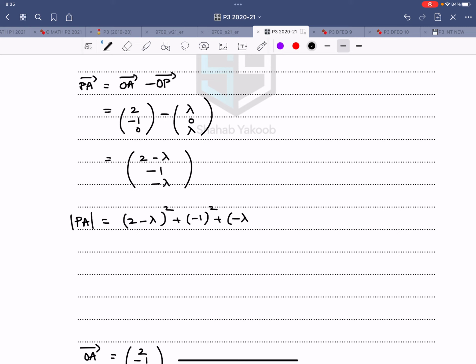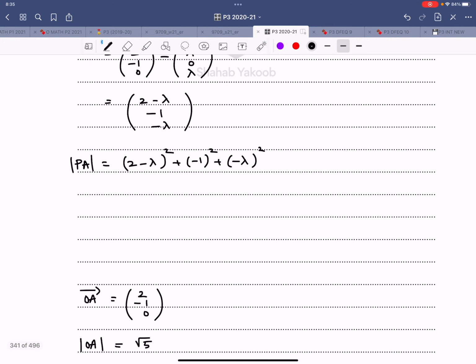When you expand it all, this is 4 minus 4 lambda plus lambda squared. This is plus 1. This is lambda squared. So therefore this comes out to be 2 lambda squared, and this is minus 4 lambda, and 4 plus 1 is 5. And don't forget that there is a square root at the top.